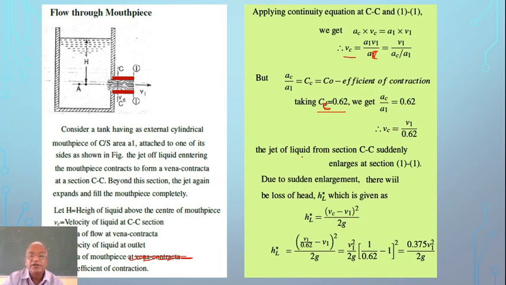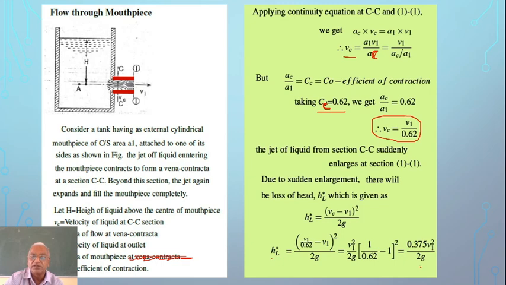Now the jet of liquid from the section Cc suddenly enlarges, and due to sudden expansion there will be a head loss HL, which is given by (VC minus V1) whole squared by 2g. Substitute for VC from this equation and simplify, and you will get head loss equal to 0.371 V1 squared by 2g.